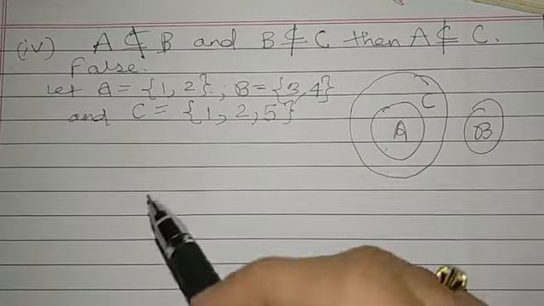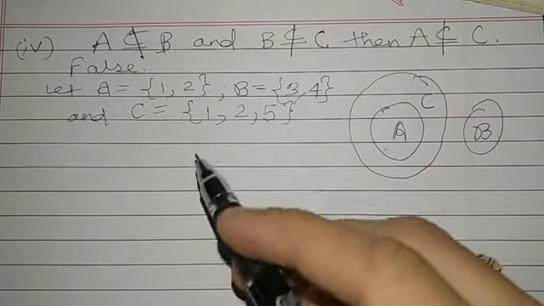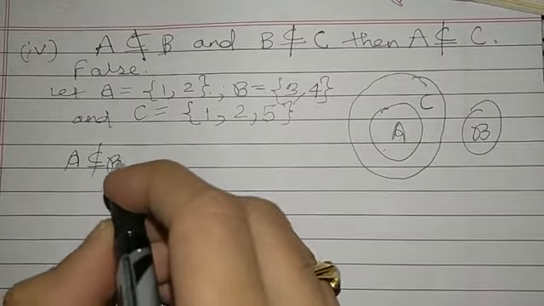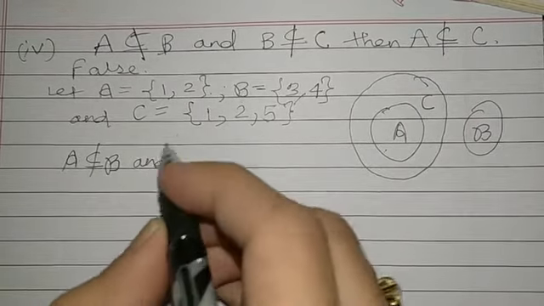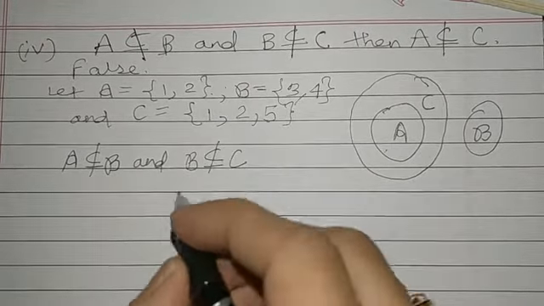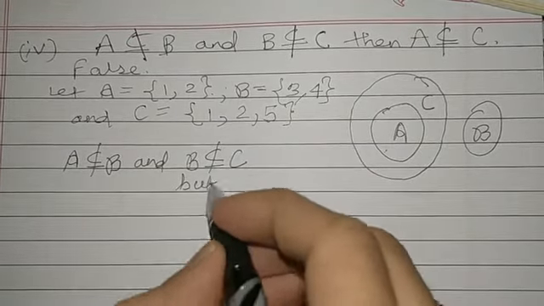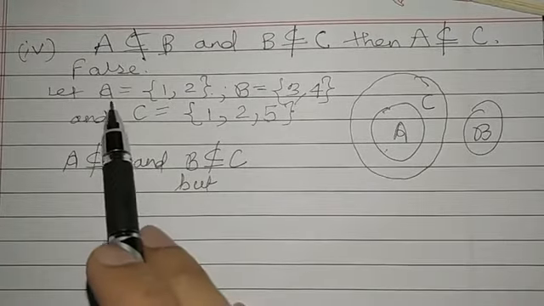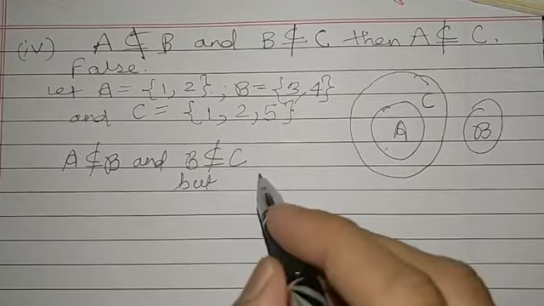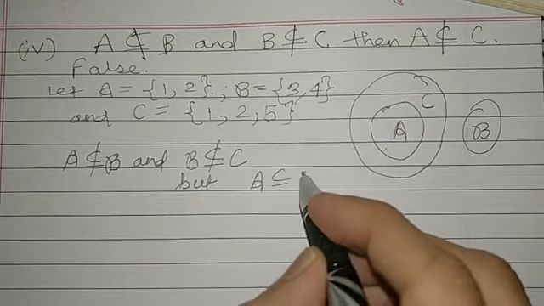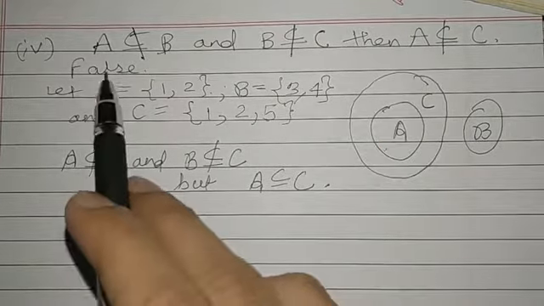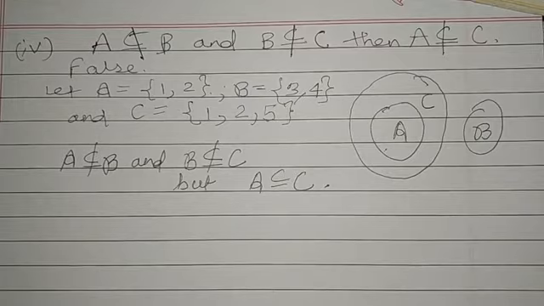So you can take these sets A, B, C, and you get A is not a subset of B, and B is not a subset of C. But what happens here, the set A is a subset of set C, since every element of A is an element of C. So this statement which is given is false, we have shown by an example.